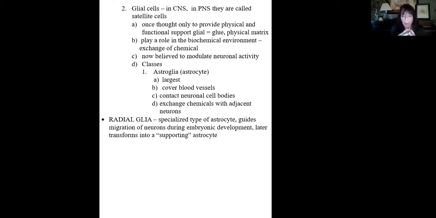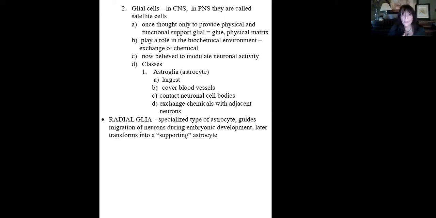And I want to mention a very special, cool form of glia. I love these glia. It's called radial glia, and these are a specialized type of astrocyte. And their first job is to guide the migration of neurons during embryonic development. This is critical.